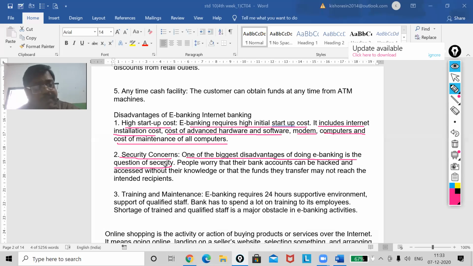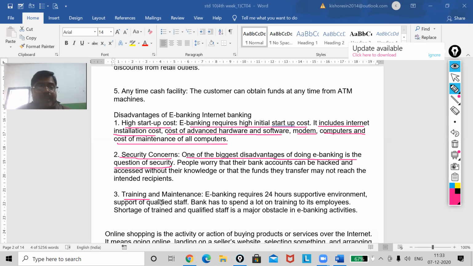So the customer has this fear. That's why many customers are not going for net banking, because they think that if it goes the wrong way, the hard-earned money in my account will go to some other unknown account.